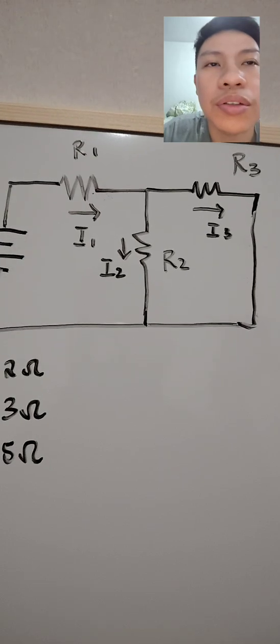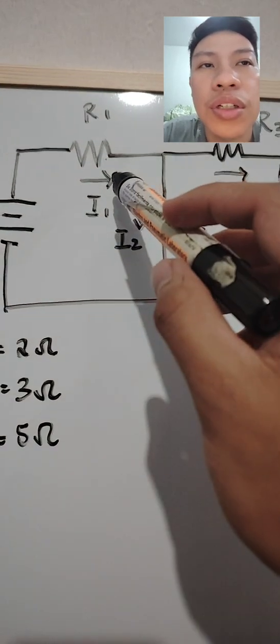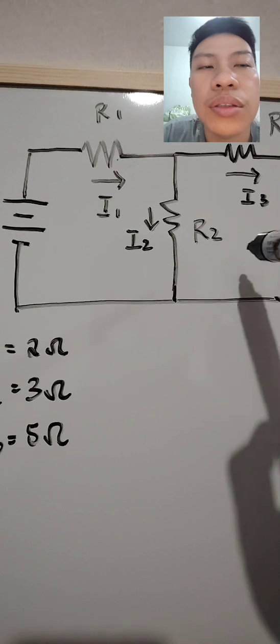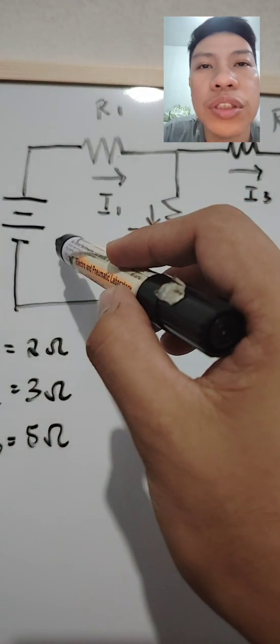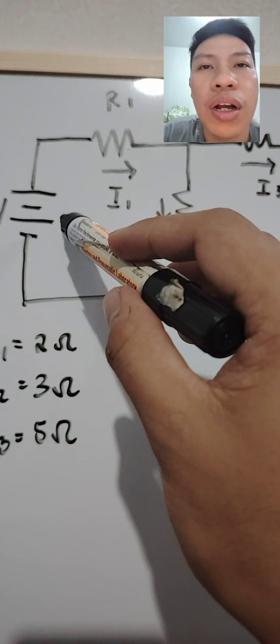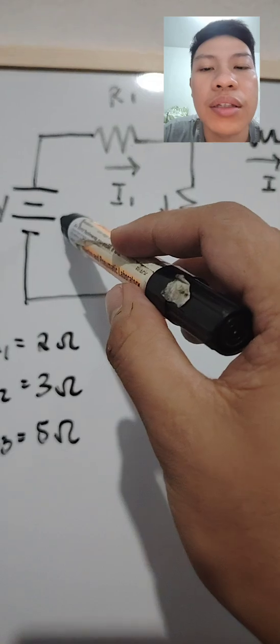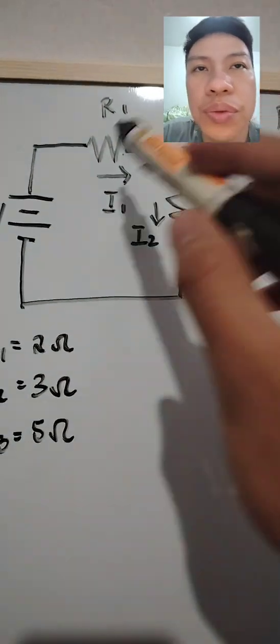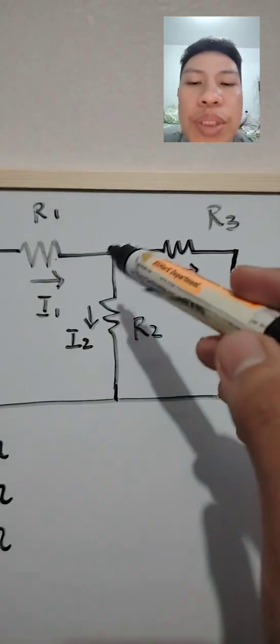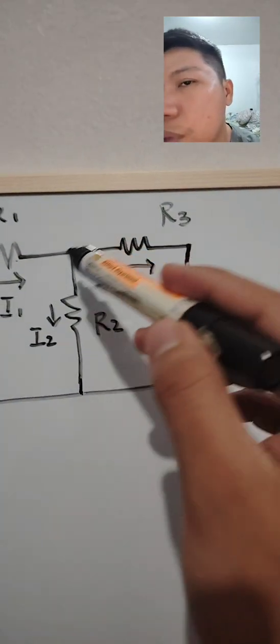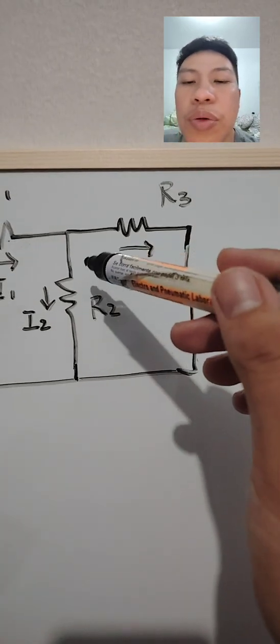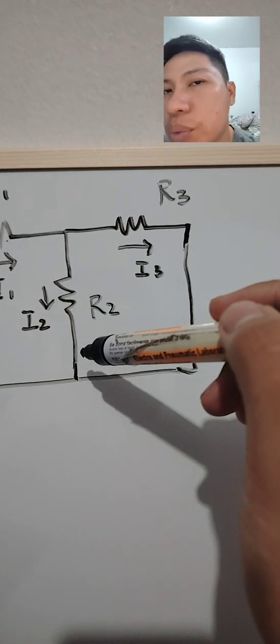Take note that all currents must be going in one direction in terms of returning back to the power source. So I1 here, as we can see, will be divided into two. One will be going through R3 and another will be going through R2.